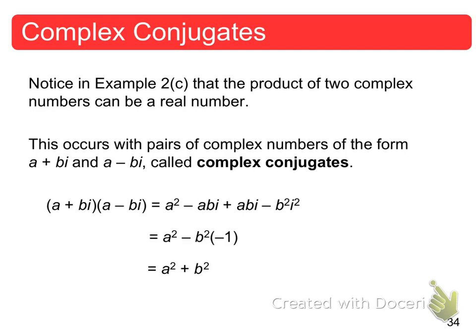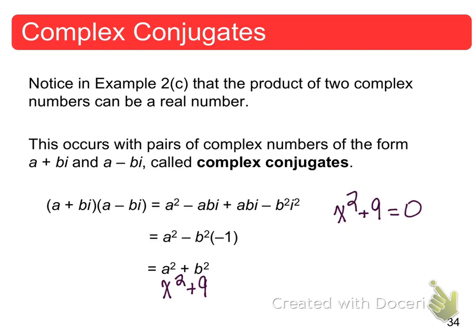So this is why when I have x squared plus some number, I can't factor that. Okay, so if I had x squared plus 9 as a factor, and I set that equal to 0, what happens? How do I solve this?